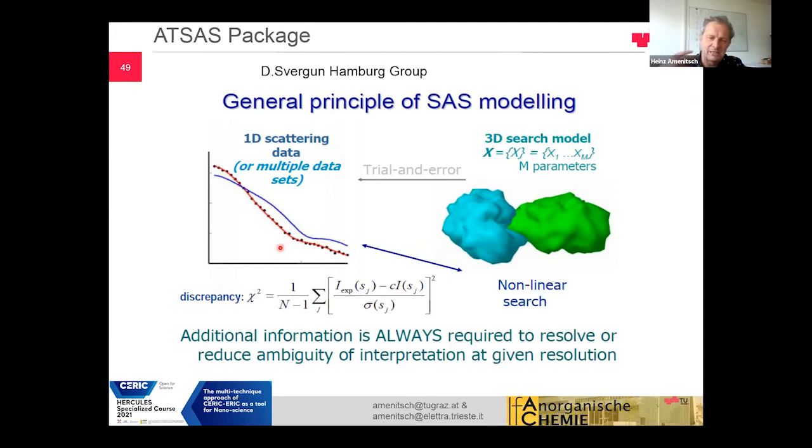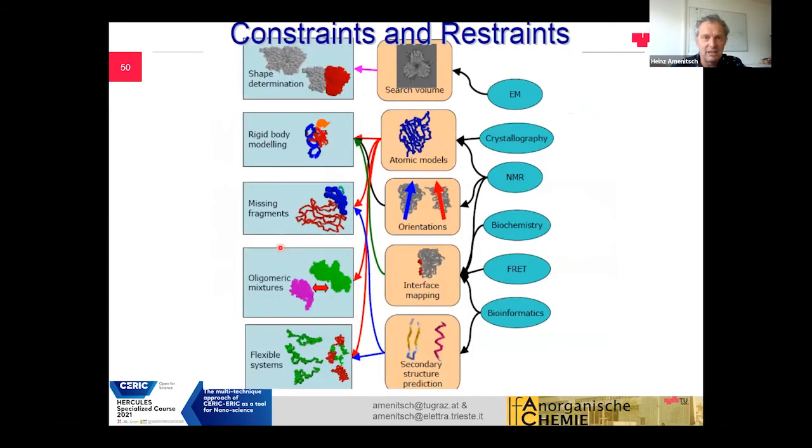This makes it possible to solve this problem. What is important are these constraints and restraints you have to introduce to solve the problem and calculate the models from the scattering data.